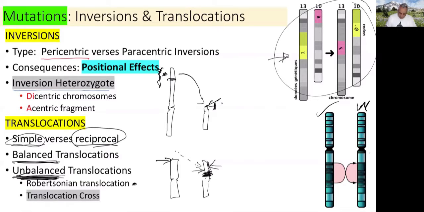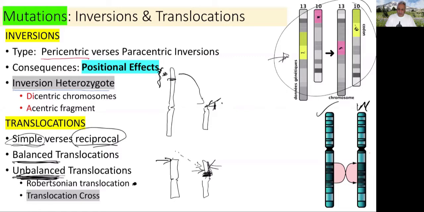The classic example that we give is Robertsonian translocation, and that involves human chromosome number 14 and 21, swapping parts. So what happens is, I believe the long arm of 21 is moved and attached to the short arm of 14, making a 14 centromere 21 hybrid.